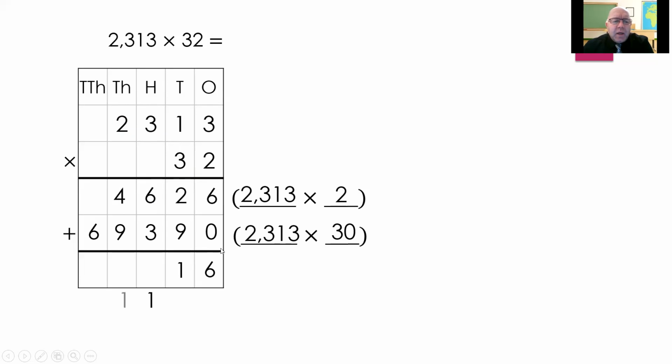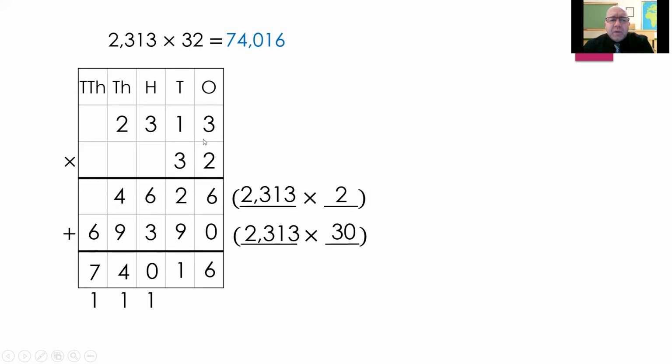Okay. 6 plus 3 is 9. We've got 1 here to add, so it becomes 10. 4 plus 9 is 13, plus the 1 that we've carried across becomes 14, and 6 plus the 1 that's carried across becomes 7. So 2,313 multiplied by 32 is big number time, 74,016.